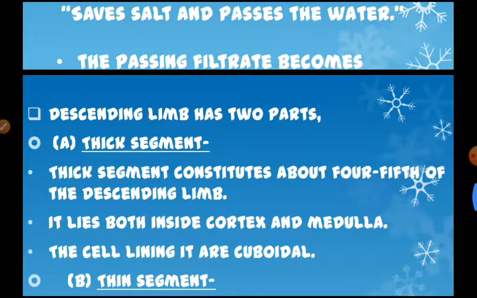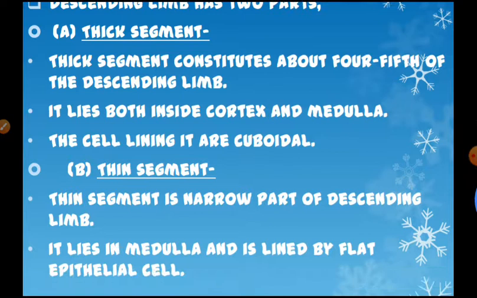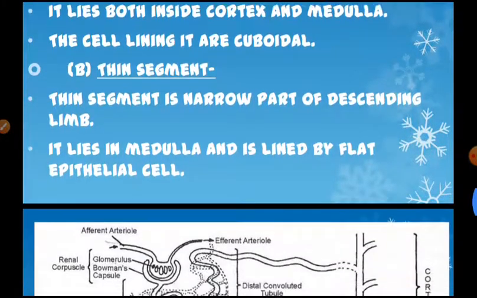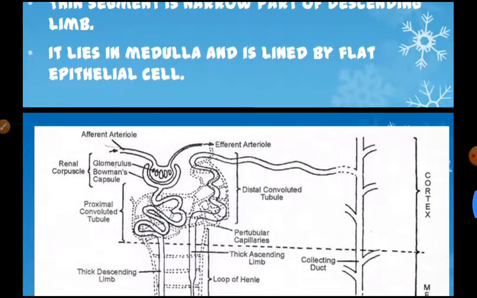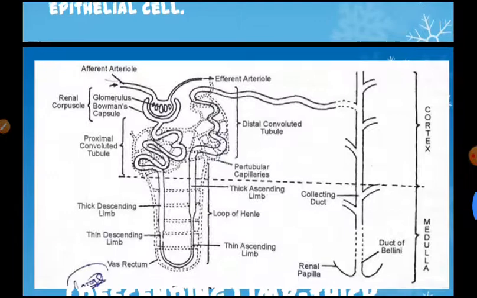So this is the descending limb, and we have already discussed that it has two parts, a thick walled part and a thin walled part. The thick segment constitutes about 4/5th of the descending limb, and it lies both inside the cortex and medulla. The cells lining it are cuboidal, and the thin segment is the narrow part of the descending limb, and it lies in the medulla and is lined by flat epithelial cells.